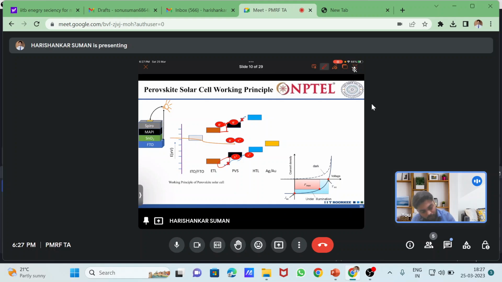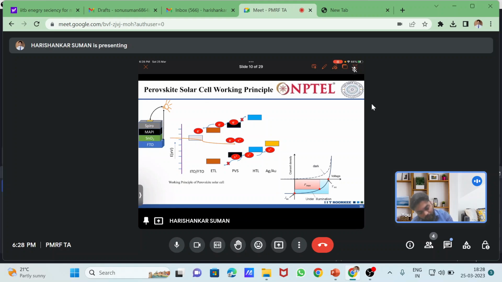So the ETL layer provides the path for the electron while blocking the hole. Similarly, the hole transport layer provides the path for the hole while blocking the electron. Clear? Yes, sir. Next, move further.